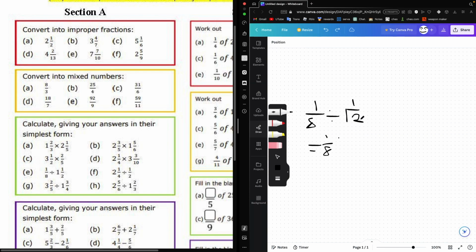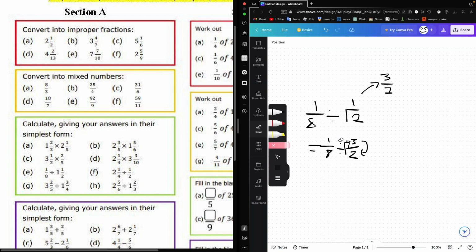Okay, wait, make it simpler. So 1 times 2 equals 2 plus 1, so it should be 3 over 2. Okay, so now we take 1 over 8 divide 3 over 2, right? But if you want to make it faster, we can just skip this step and just flip this around.